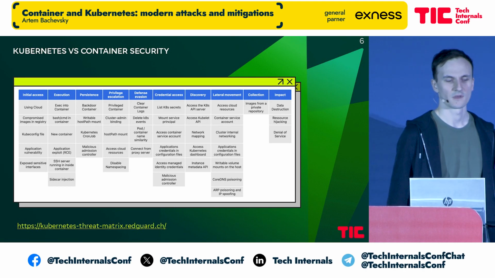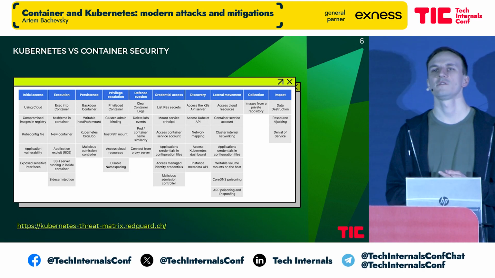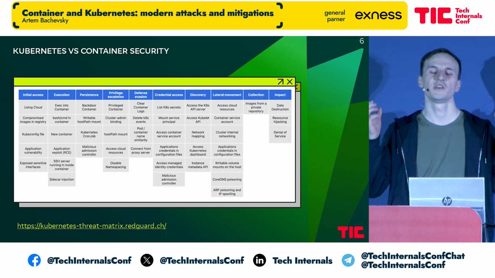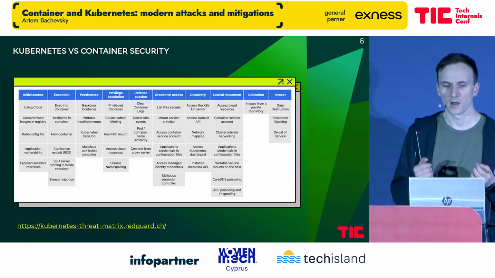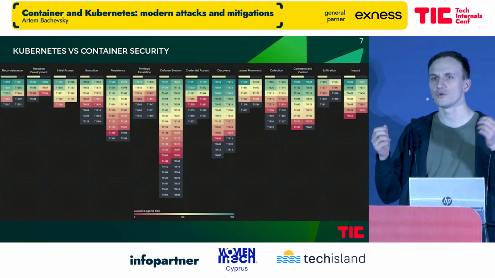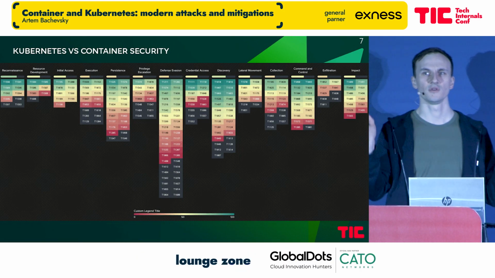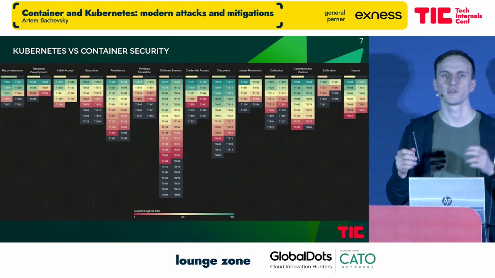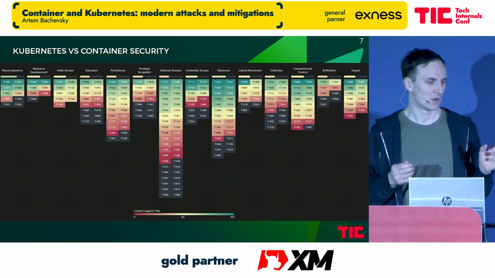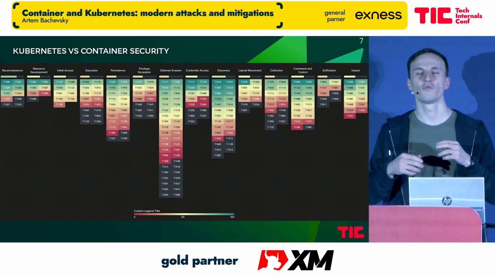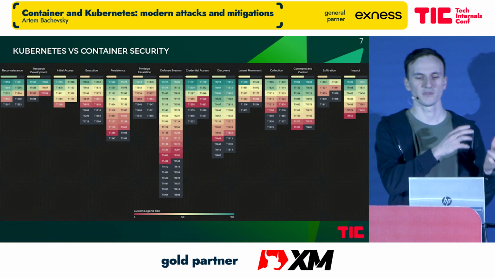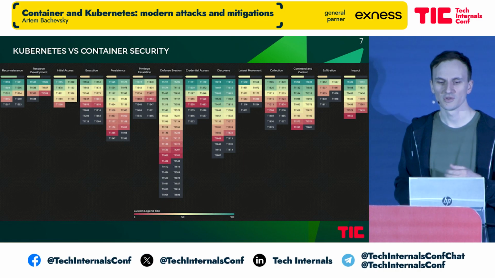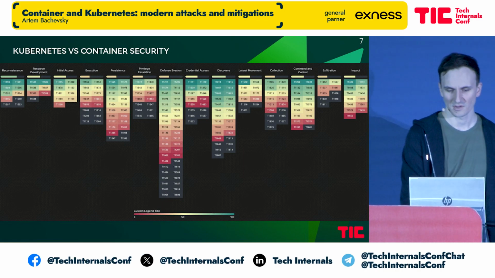How could you use this? At first, I think you could use it as a heat map. If you are trying to secure your infrastructure, you should understand what measures you take to mitigate each of these techniques. And you could color it in some colors.